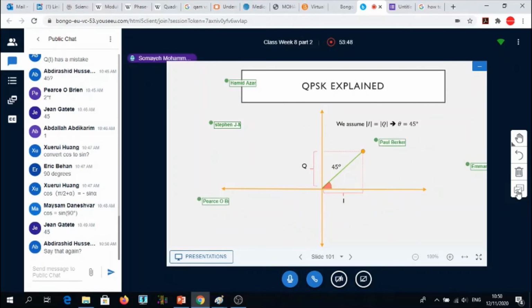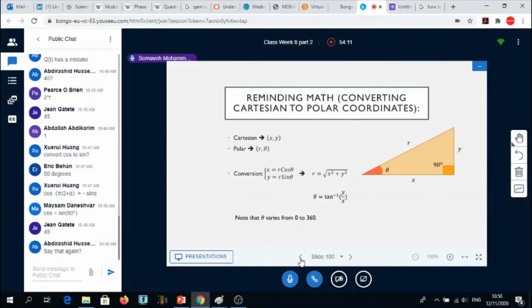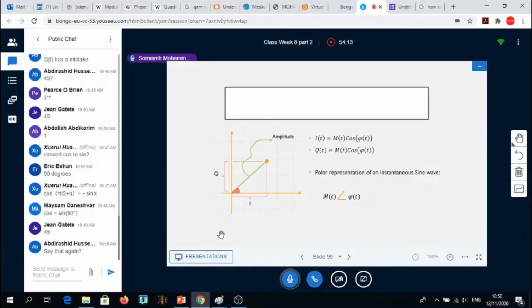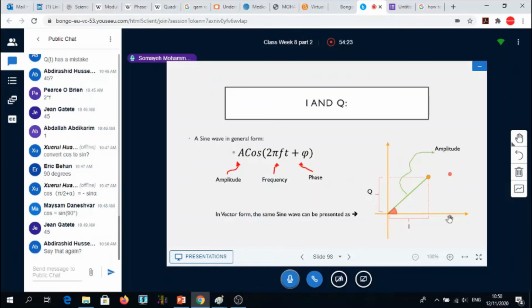Any idea? Abdurrashid is saying, say that again. Okay, I'm saying that we looked at the way that one point sine wave can be represented from a polar perspective and from a vector perspective.